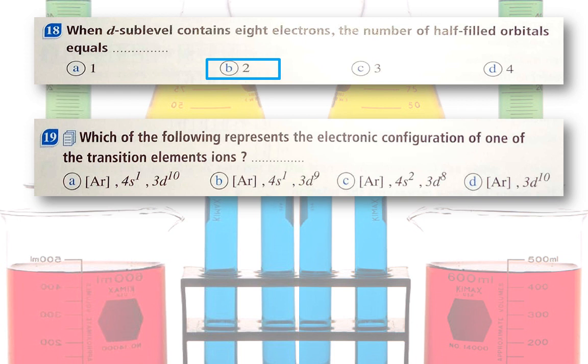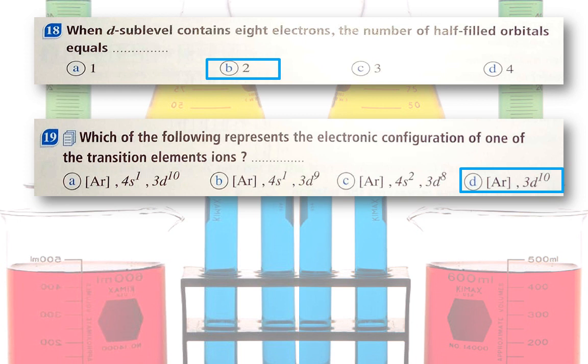Another question, which of the following represents the electronic configuration of one of the transition element ions? Here we have a transition element. Which one? We said that we have the 4s orbital. Here we have argon 3d10.